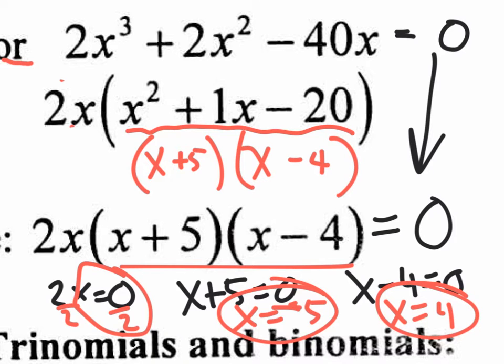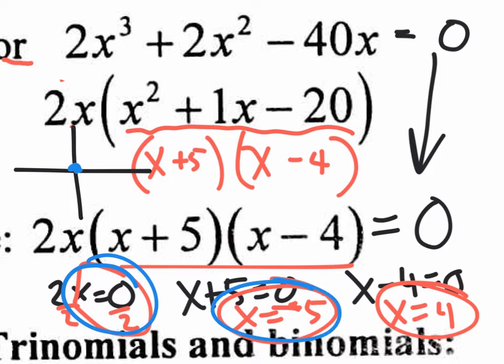We know that this function would cross the x-axis at 3 different x-intercept values, 3 real x-intercept values. As a matter of fact, I know exactly where it would cross the x-axis. If I had an xy plane, it would cross at 0, because of this answer 0. It would cross at negative 5 over here somewhere, and it would cross at positive 4 over here somewhere.